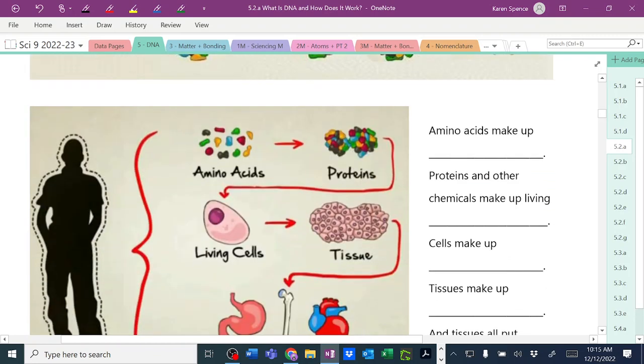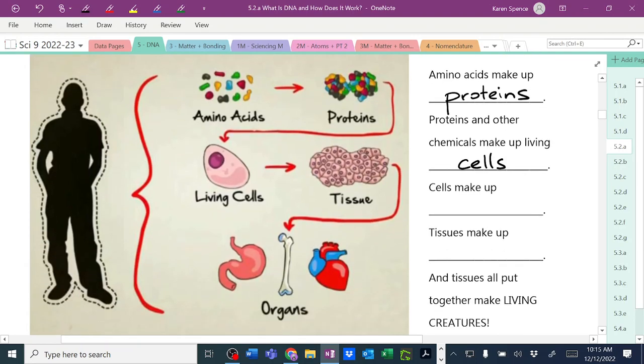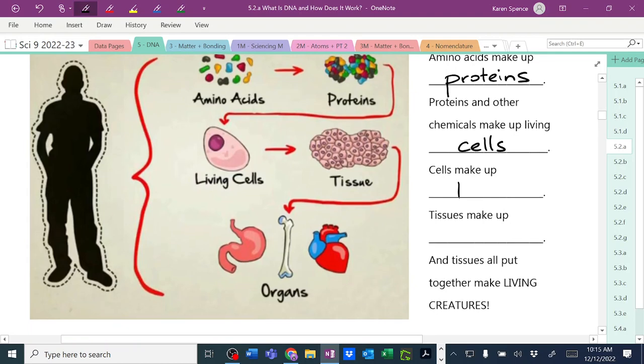Amino acids make up proteins. Proteins and other chemicals make up living cells. The cells make up tissues. The tissues make up organs.